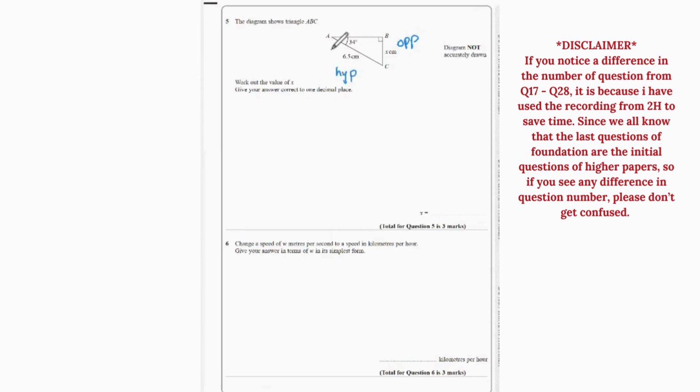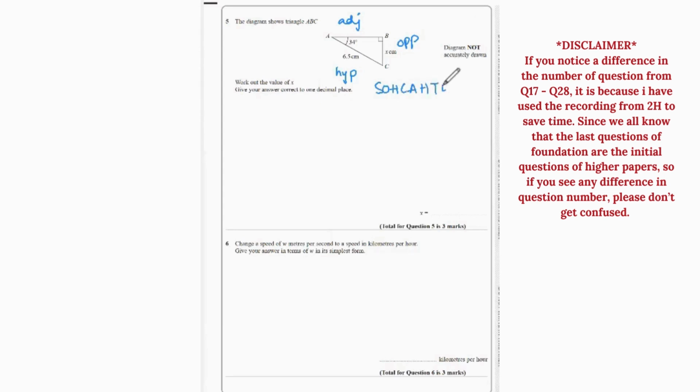And the length on which the angle lies, that's always the adjacent. So if you remember this order of what is going to be the opposite, the adjacent, and hypotenuse, you will not get your SOHCAHTOA question wrong. So since we've established what our opposite, adjacent, and hypotenuse is going to be, now we figure out which trig ratio we'll use from SOHCAHTOA.